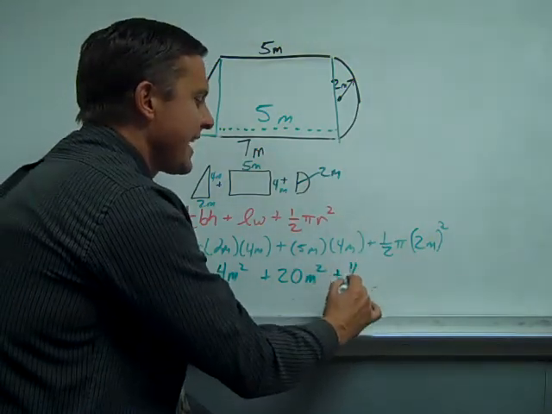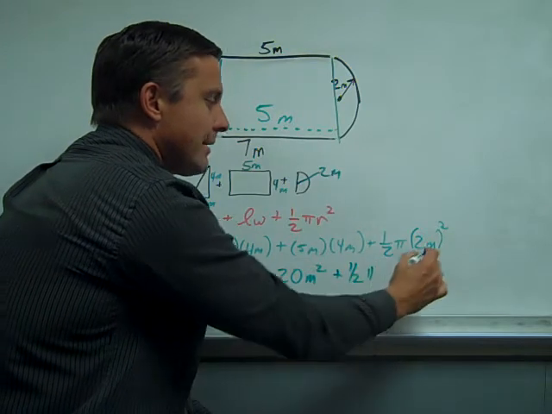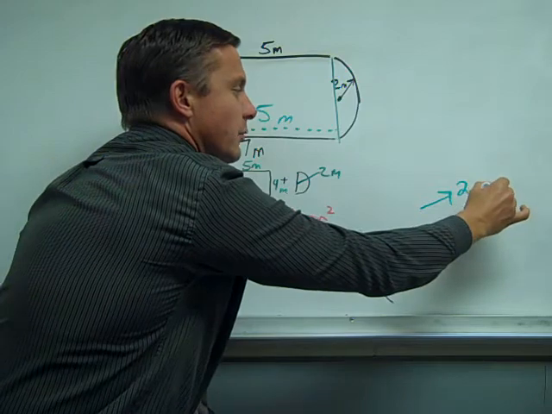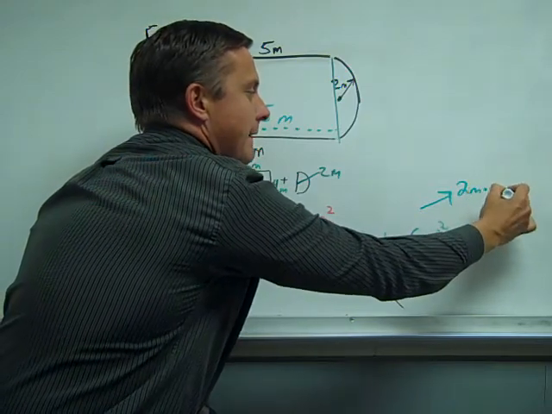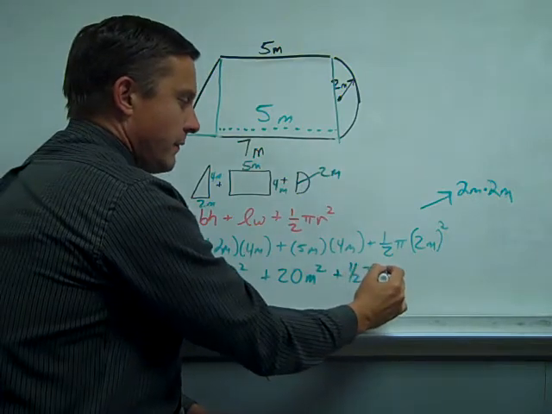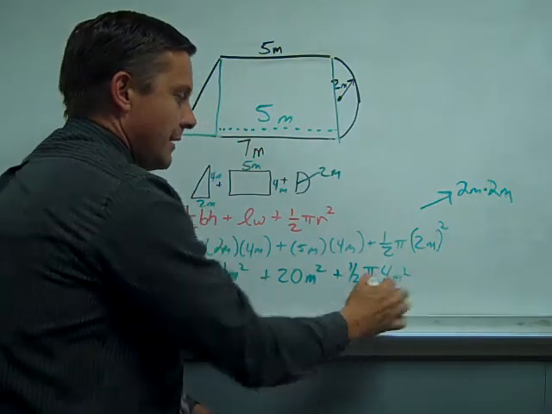Plus, and I'll wait on this, half times pi, and remember 2 meters squared means 2 meters times 2 meters. We repeat the inside. 2 times 2 is 4, so I have 4 meters squared.